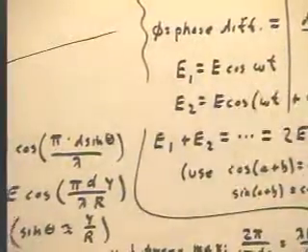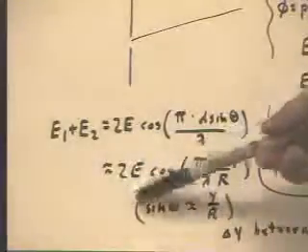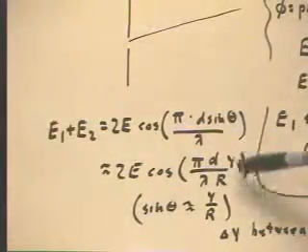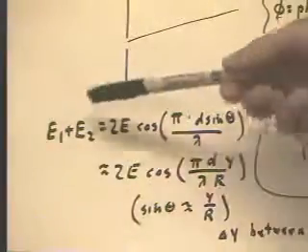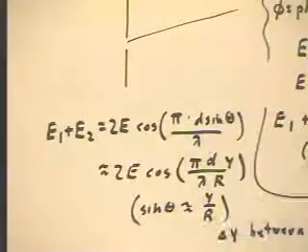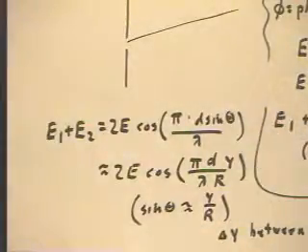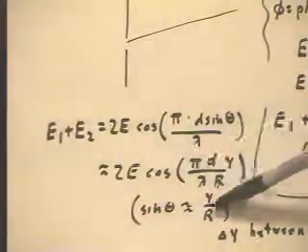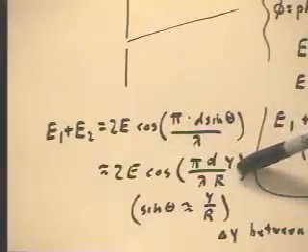They have the same amplitude E. So we just take 2E times the cosine of this expression, and we get the magnitude, or the amplitude, of the electric field at the point y. We can read this as pi d over lambda r times y. The variable here is y.